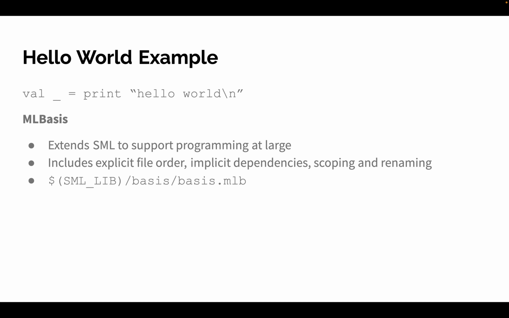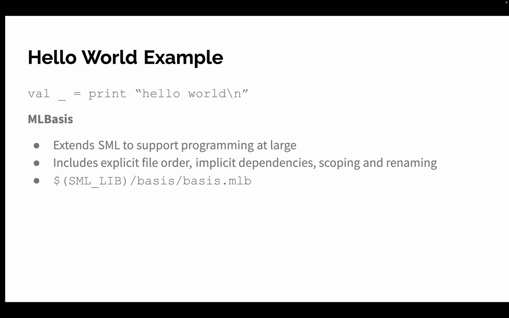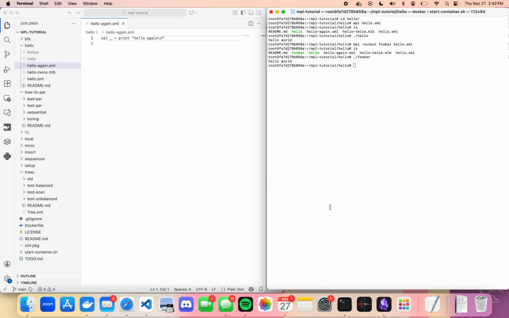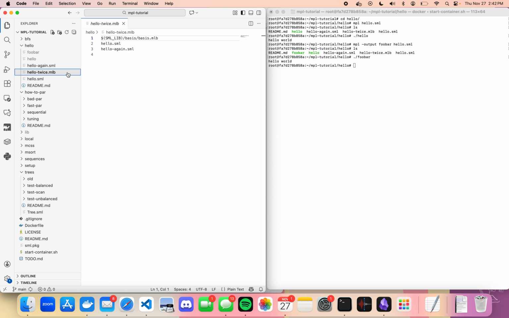And this line is what is included in the MLB file. It loads the SML basis library, which includes the definition of the important functions that we would need, which is basically just the print function. So I can run the MLB file, which here is just 3 lines of code. It gets the basis library and then it gets the 2 SML files.